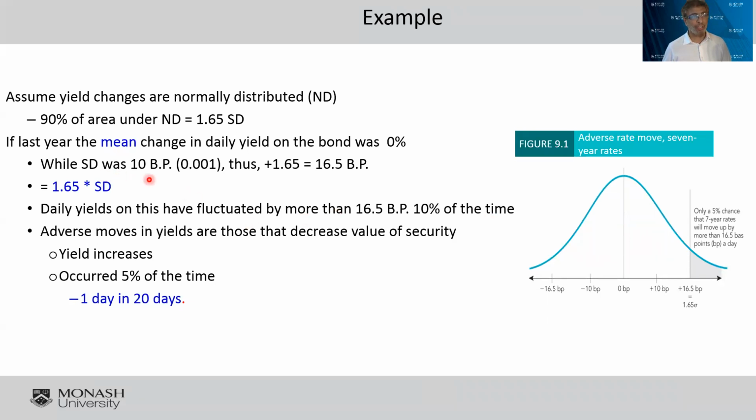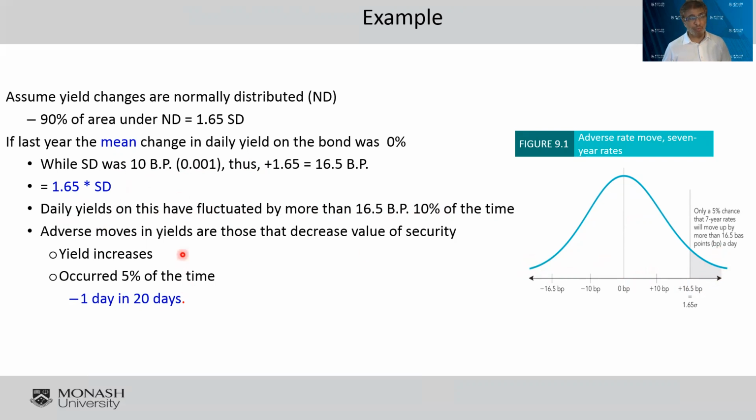While the standard deviation was 10 basis points, this area is up to here, and the change will be 1.65 times the standard deviation. This tells us the daily yield has fluctuated more than 1.65 standard deviations 10% of the time, which is 5% here and 5% here.